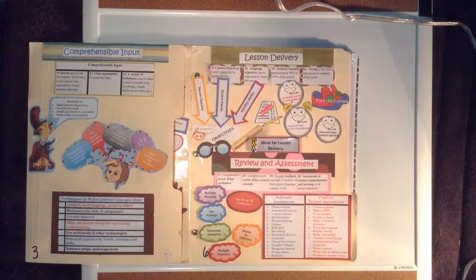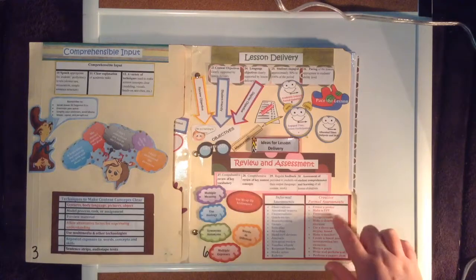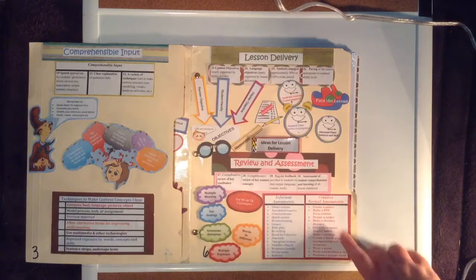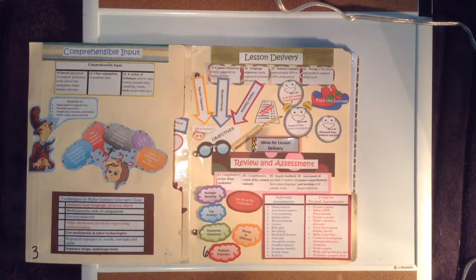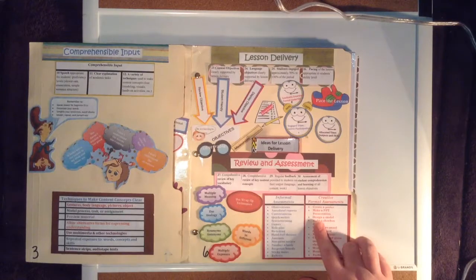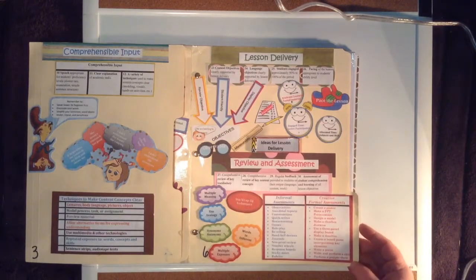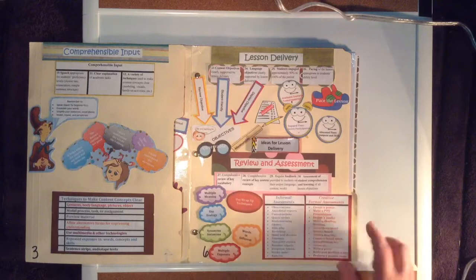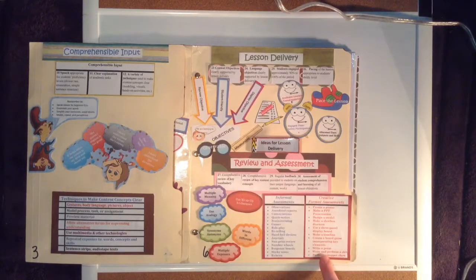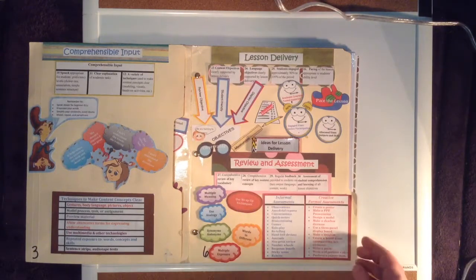Under creative formal assessments, you have create a poster, make a PowerPoint presentation. Students really love working with their Chromebooks and any type of technology. So anytime you can integrate technology into it, that's wonderful. Design and model, make a shoebox, perform a puppet show. Another thing that I've noticed the students that I've been working with really like is to write and perform skits.